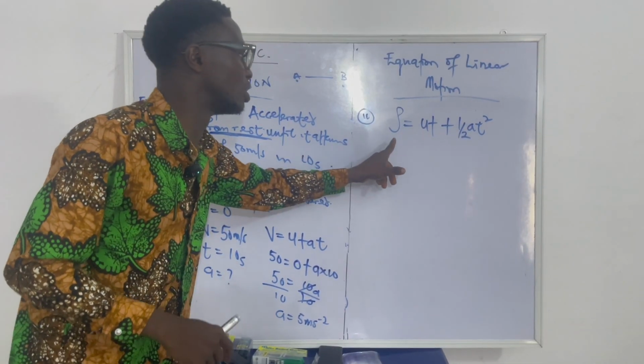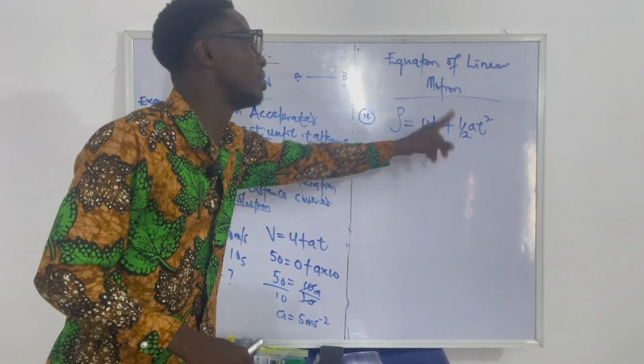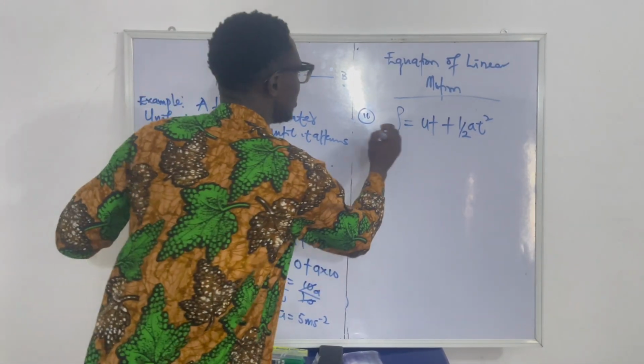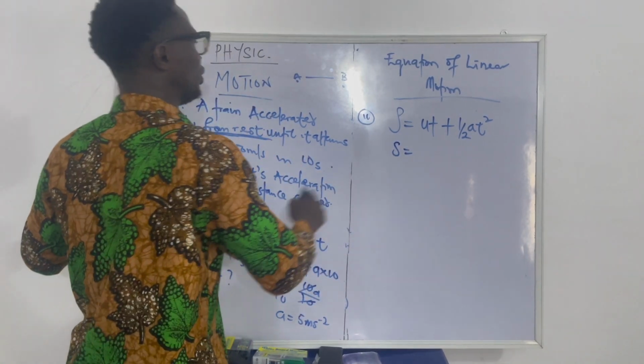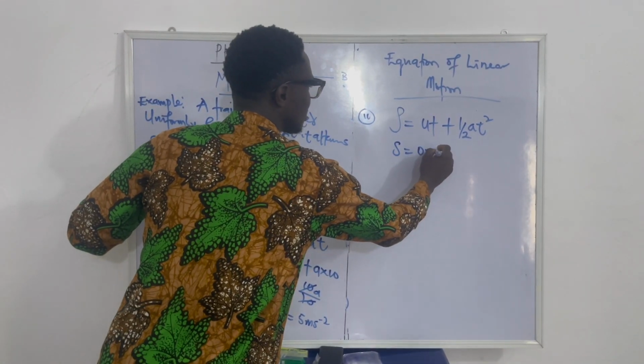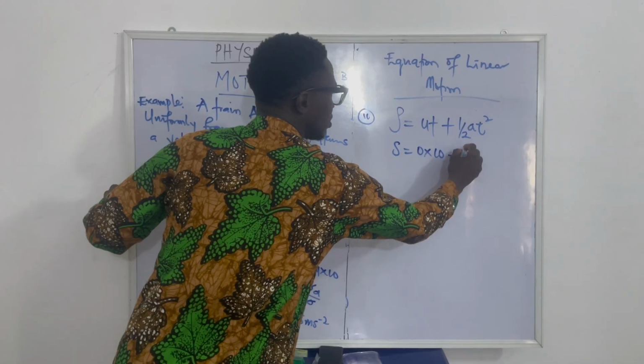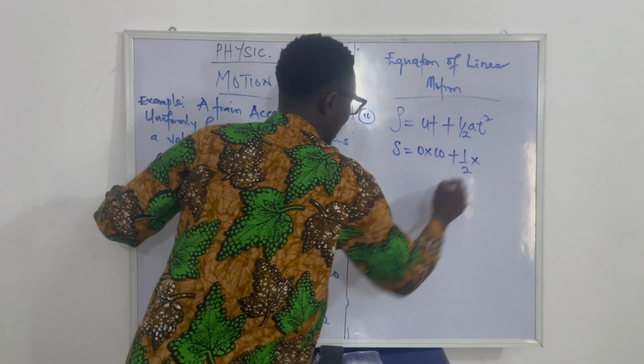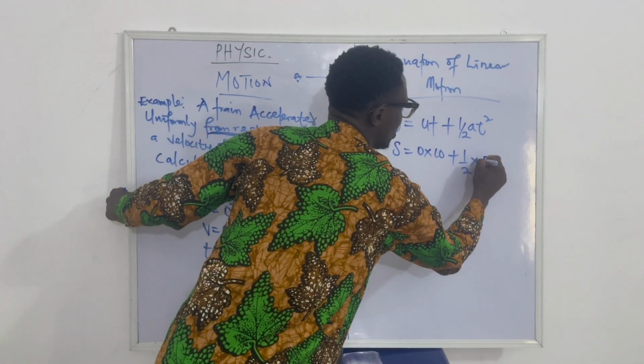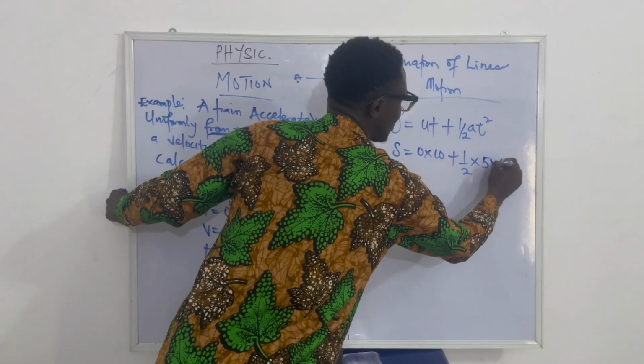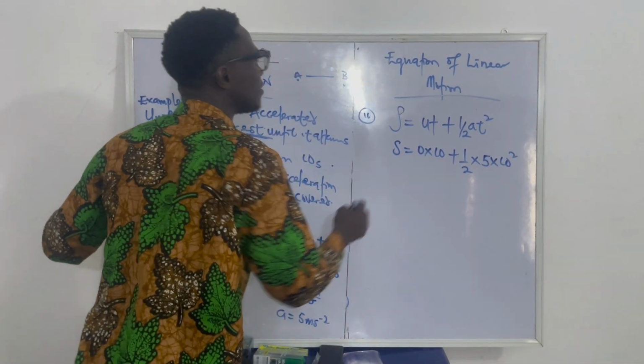Using the third equation, distance equals ut plus half at squared. So distance equals u is 0 times t is 10 plus 1 over 2 times a. Our a is 5, which is acceleration. Then our t is what? 10 squared.